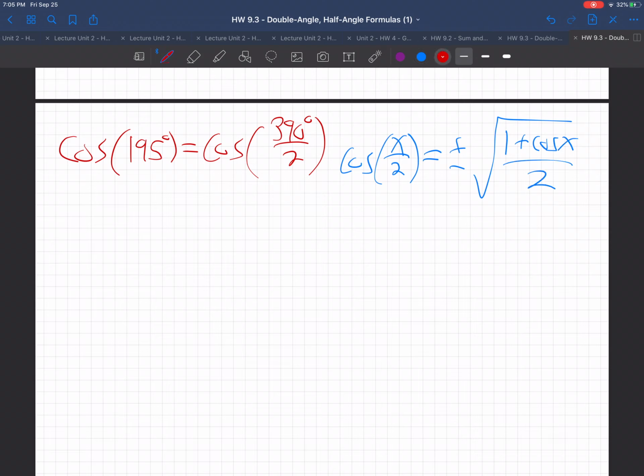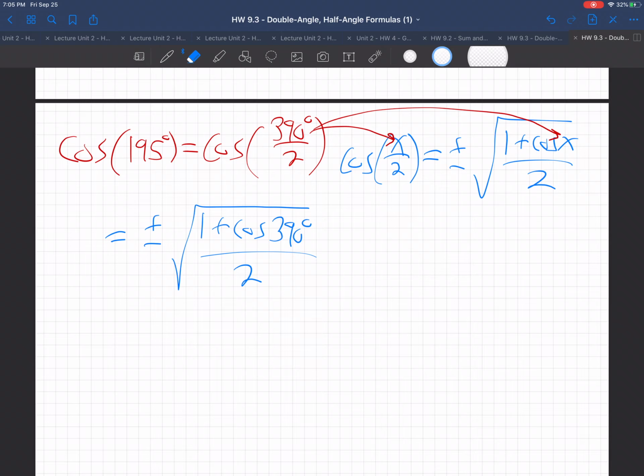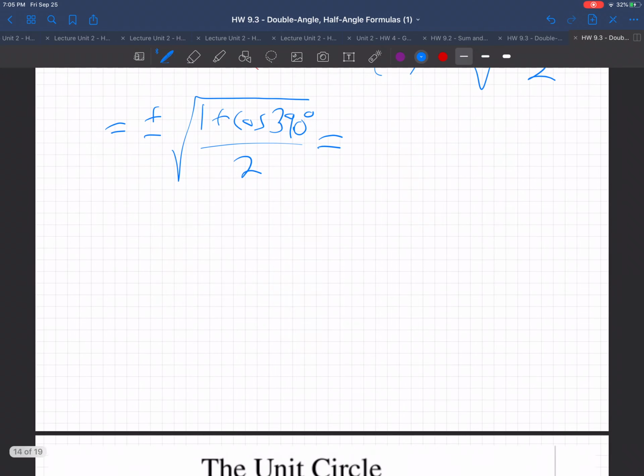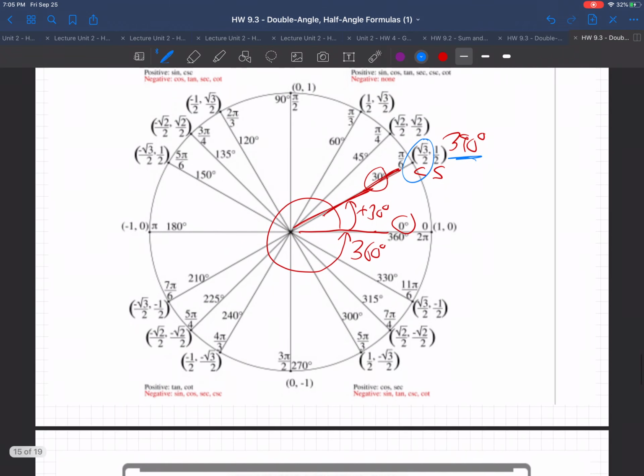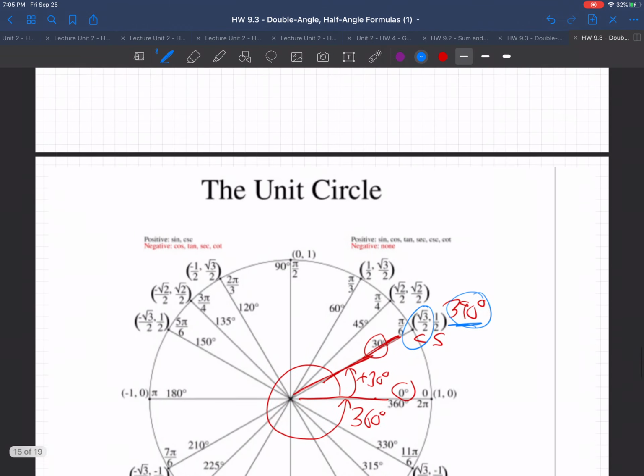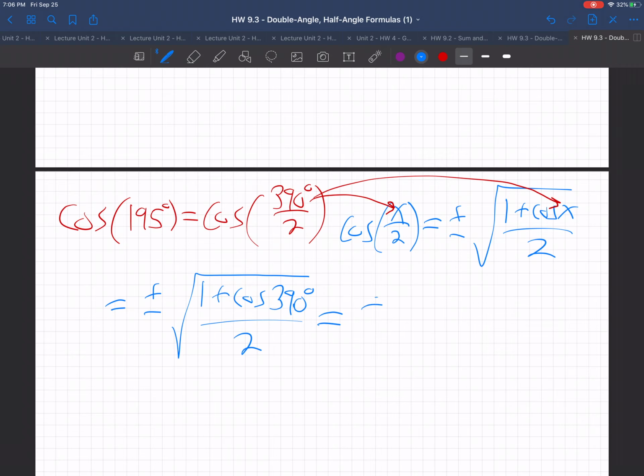The 390 is the x, so this becomes plus or minus the square root of 1 plus the cos of 390 all over 2. Now we can get the cos 390. We already did that before. Cosine of 390 is root 3 over 2, like it was a minute ago. So 1 plus square root of 3 over 2, all over 2.